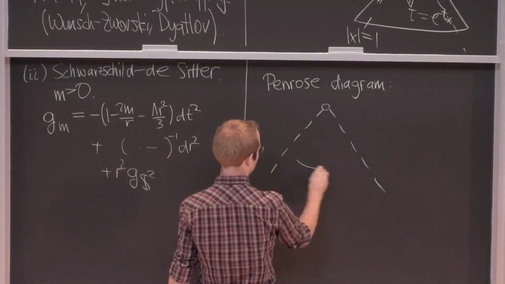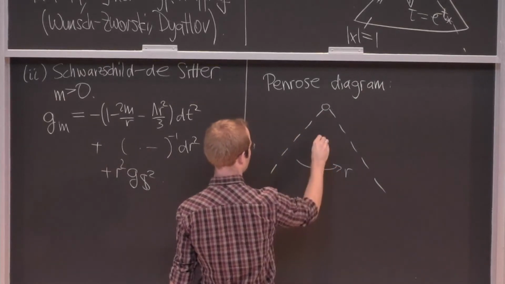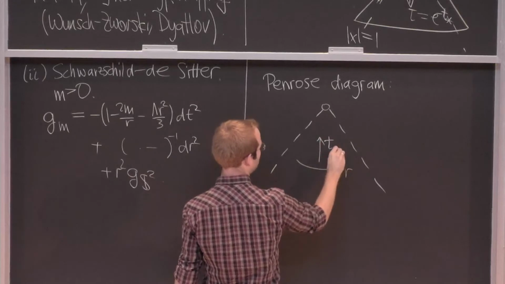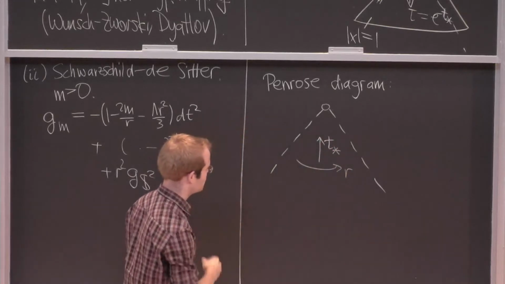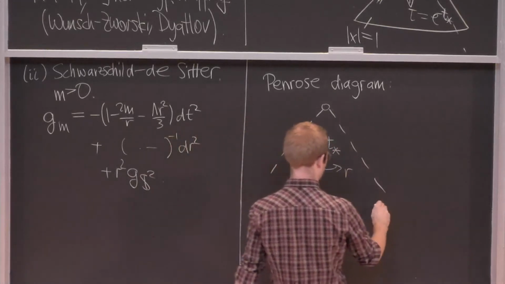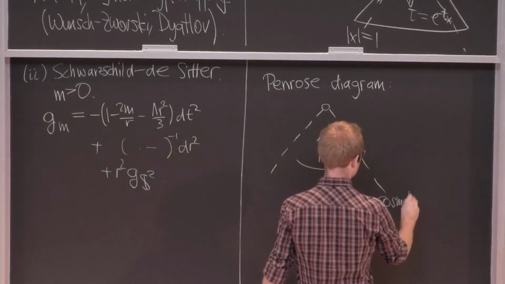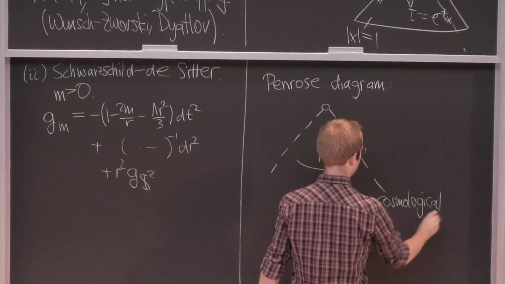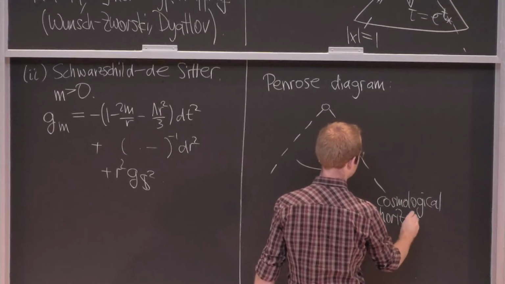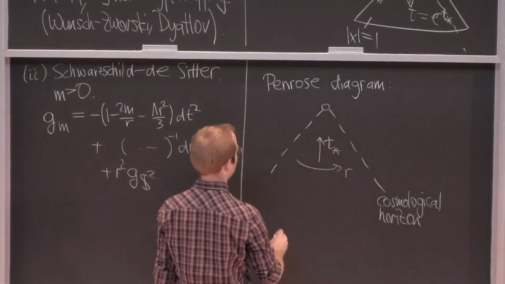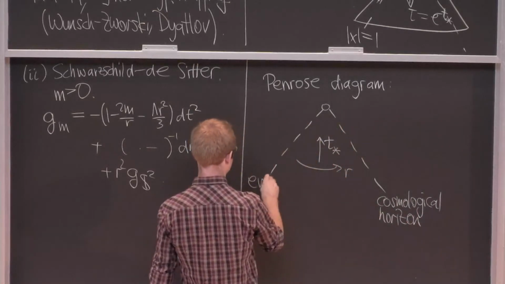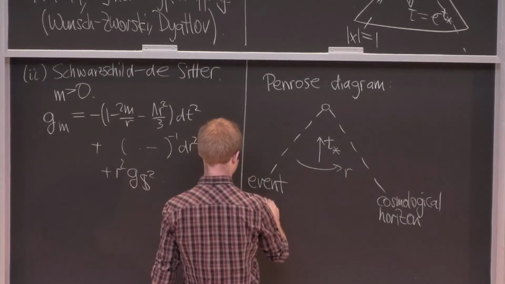Roughly speaking, the radial coordinate goes like this. Then you have a time coordinate, or rather some slightly modified one, as in Schwarzschild. Then you have the two horizons, the one that you know from de Sitter space, the cosmological horizon, out here. And then you have the event horizon that you know from the Schwarzschild spacetime over here.